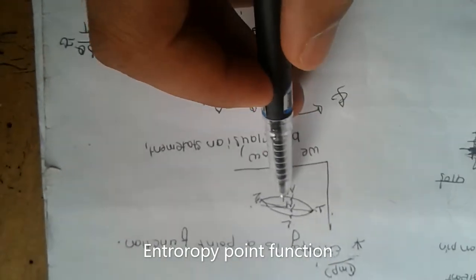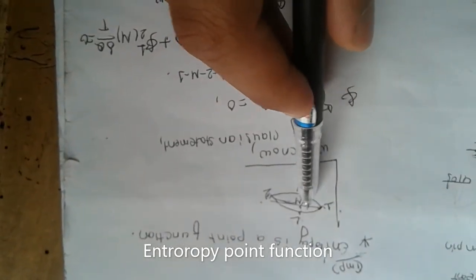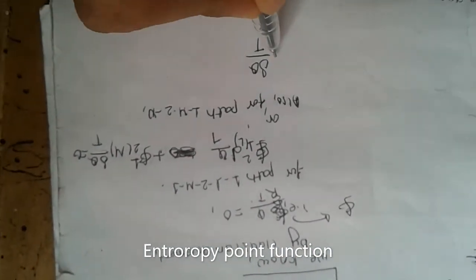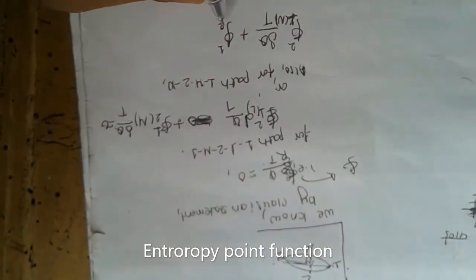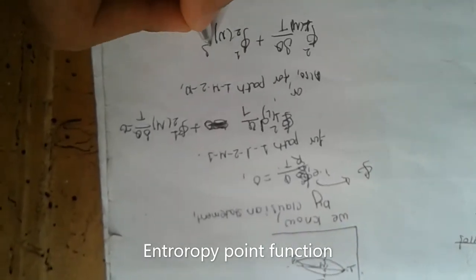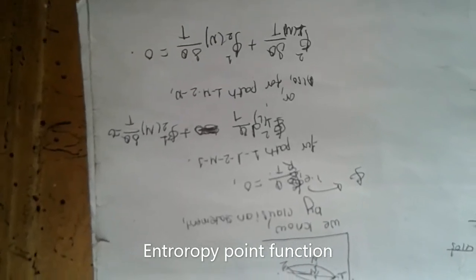And on the path 1 M 2 N 1, what we can write is this plus this: the integral of dq by T from 1 to 2 with path M, and from 2 to 1 with path N, dq by T is equal to 0.